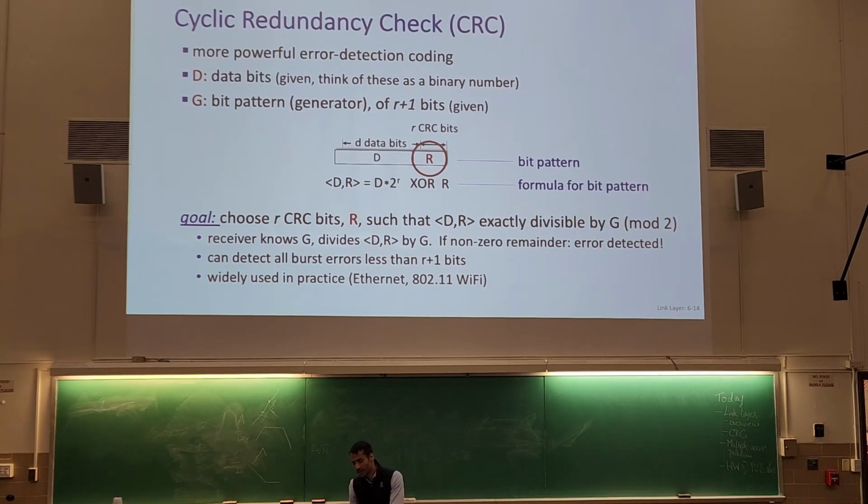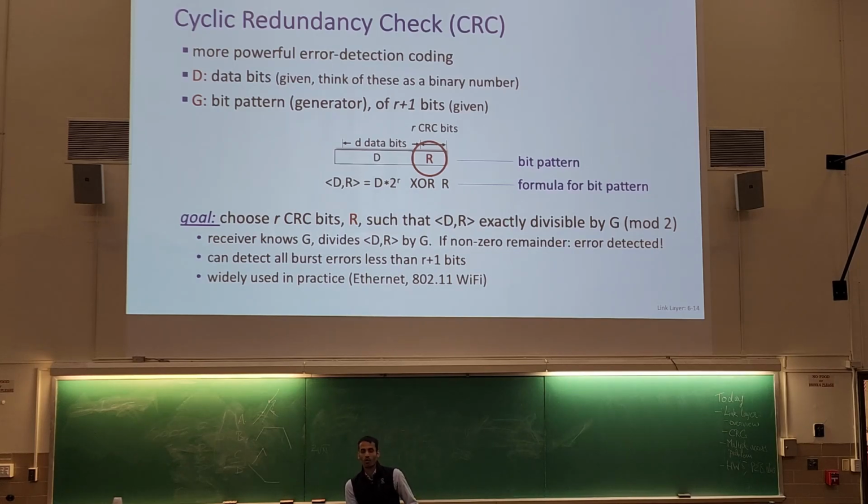The proof of why this can tolerate all burst errors of up to R bits, less than R plus 1 bits, is not too complicated, but I'm not going to go into it in this class. But how to compute this is fairly easy. It is literally primary grade easy, like long division.